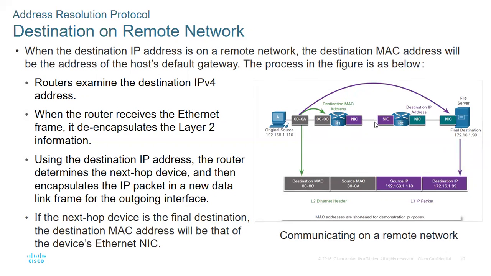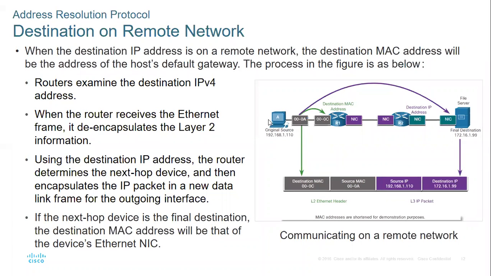So in our case, the destination address here becomes the MAC address of this router, as you can see, 00C. The source MAC address remains the same, which is this one.